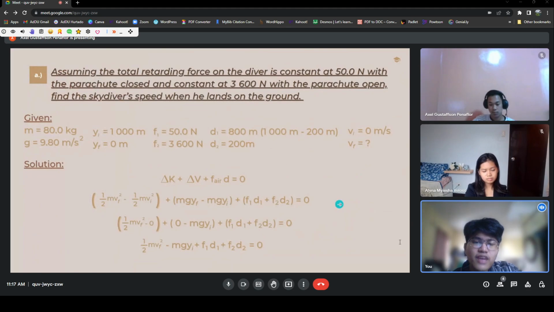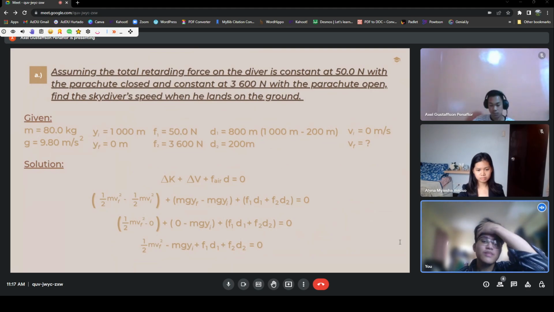With problem 5, letter A, the givens are the following. Mass is equal to 80 kilograms. The constant gravity is 9.8 meters per second squared. Initial distance y sub i is equal to 1,000 meters, and the final distance y sub f is equal to 0 meters.